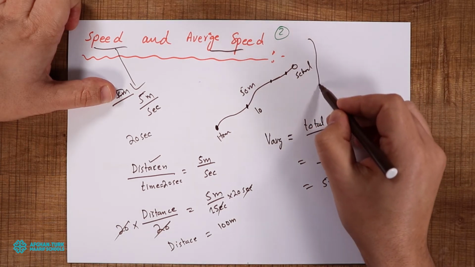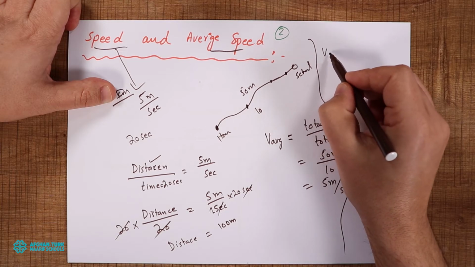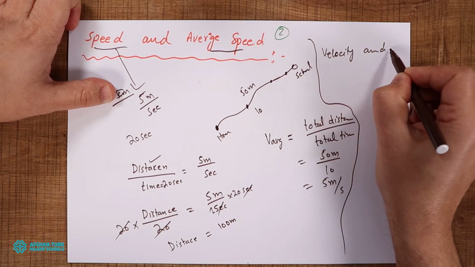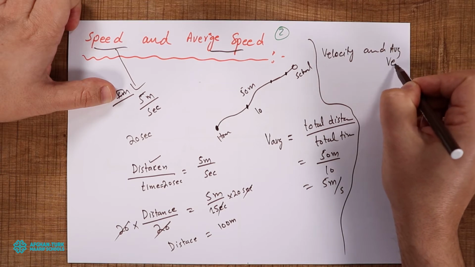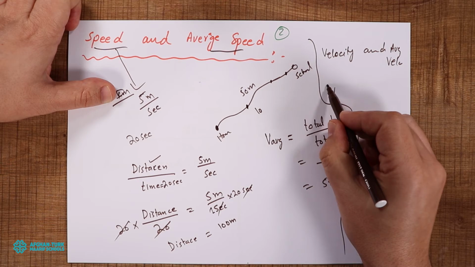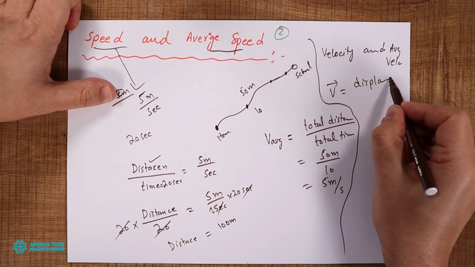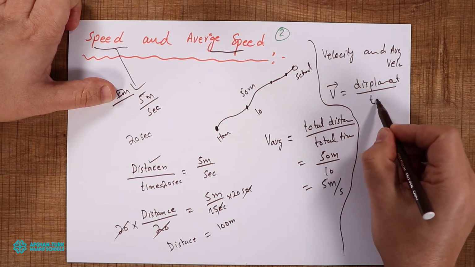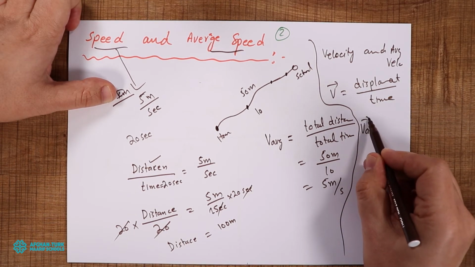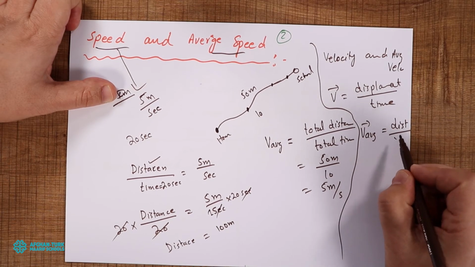The same procedure is used for velocity and average velocity. The simple velocity formula is V equals displacement over time, and the average velocity formula is displacement divided by total time.